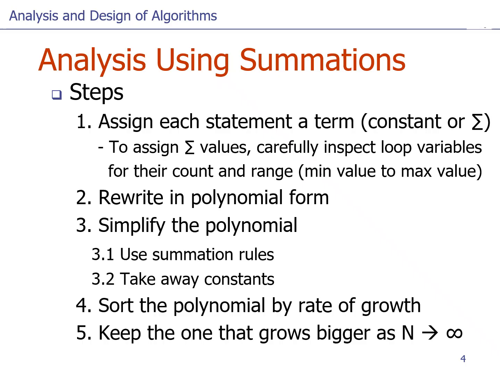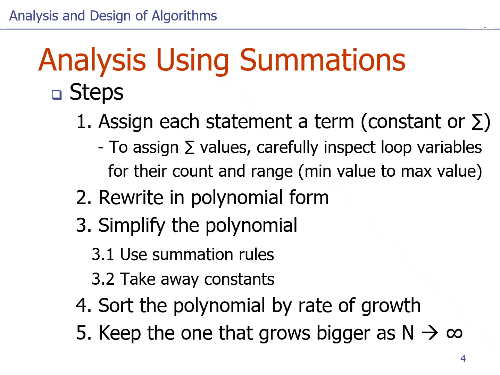Now, a summation, as you remember from your math courses, needs some start and end limits, and you will find that from the loop variable values, the values that the variable takes from beginning to end, and their count. Both of them are important.